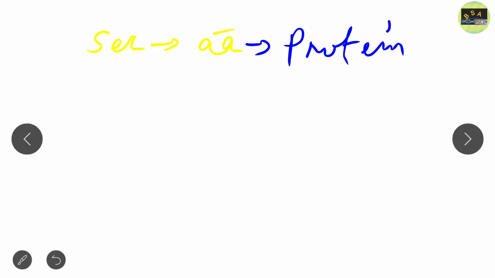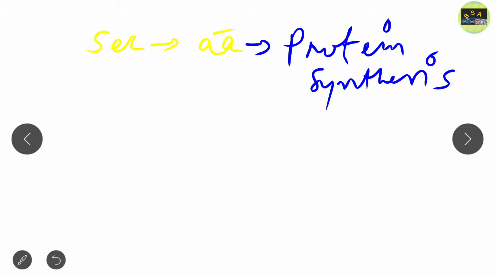Selenocysteine is an amino acid, the 21st amino acid. As it is an amino acid, it takes part in protein synthesis.